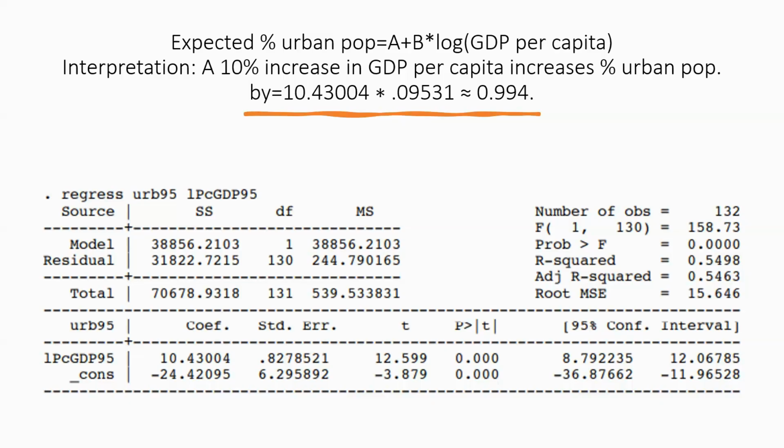So if this had been in the original scale, then the interpretation would have been: for every 1% increase in GDP per capita, if the coefficient was 10.4, then it would mean simply that the urban population percentage increases by 10.4. For every 10% increase, it would have been 104.3.